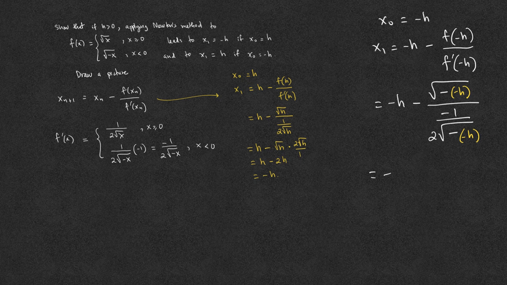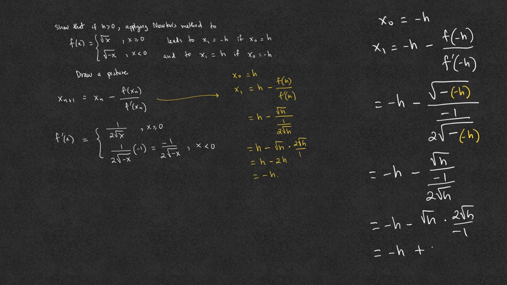Simplifying this, we have negative h minus the square root of h over negative 1 over 2 root h, which is negative h minus root h times 2 root h over negative 1. This is negative h plus 2 root h times root h, which is h, and it is plus because a negative times a negative 1. Negative h plus 2h is positive h. If we start with negative h, we end up with h.